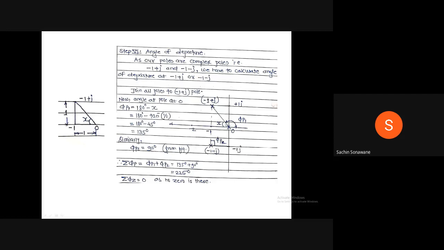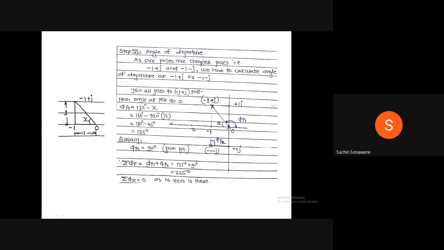Now, the angle at pole 0, phi p1, is equal to 180 minus x. What is the value of x? This triangle we have to consider, a right angle triangle. Tan inverse of 1 divided by 1, therefore 180 degree minus 45 is equal to 135. This is the 135 degree angle, phi p1. Now phi p2, this is the phi p2 angle, 90 degree.